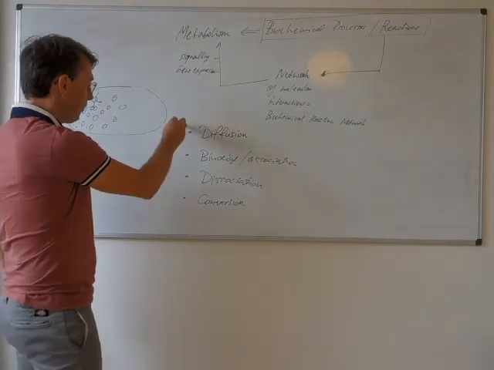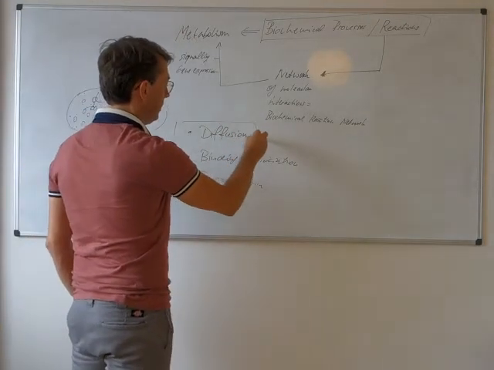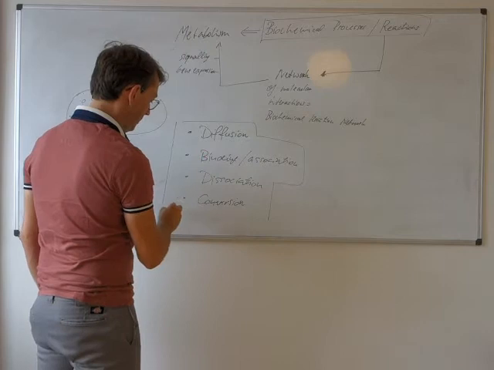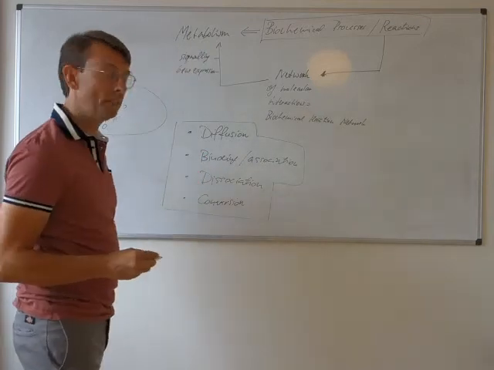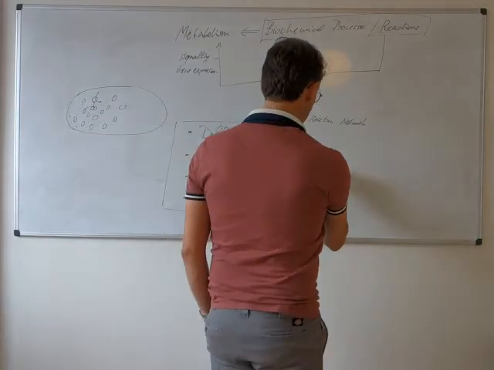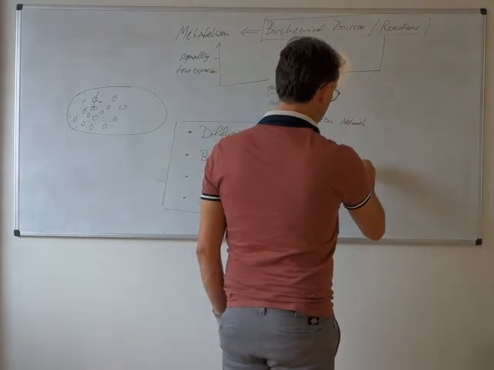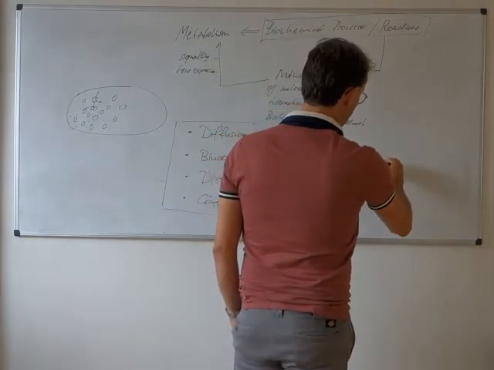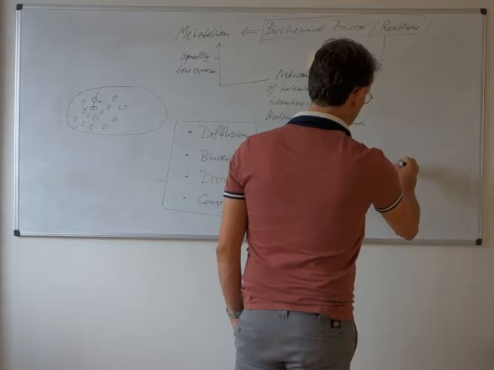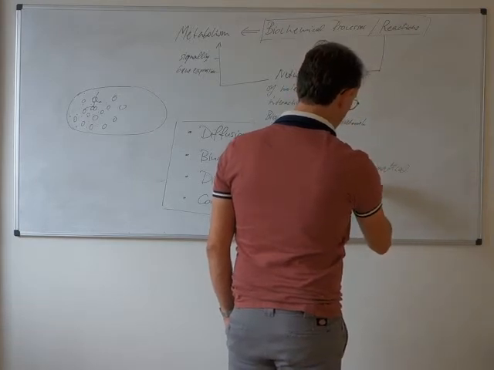So it's these four key aspects of biochemical reactions that we want to understand, and we want to describe those mathematically. So we want to have a mathematical description of these processes.